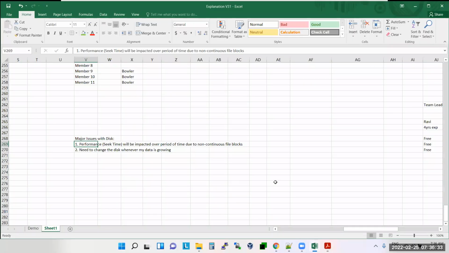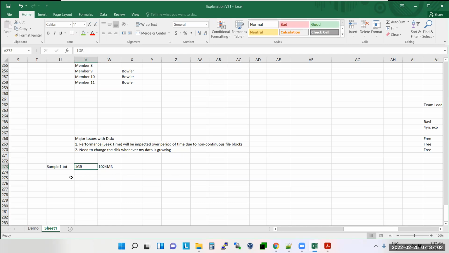Now, I have 1 GB of data, and 1 GB is nothing but 1024 MB of data. This is my data, sample1.txt.